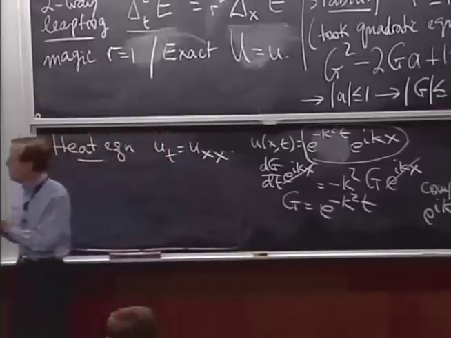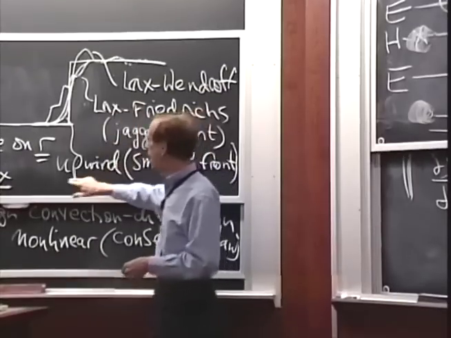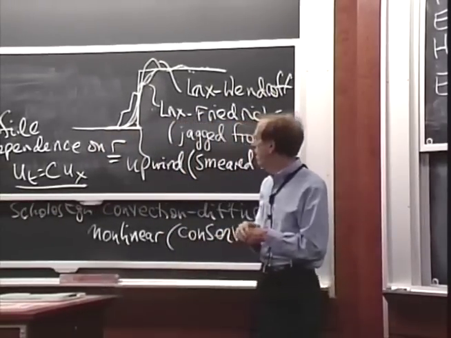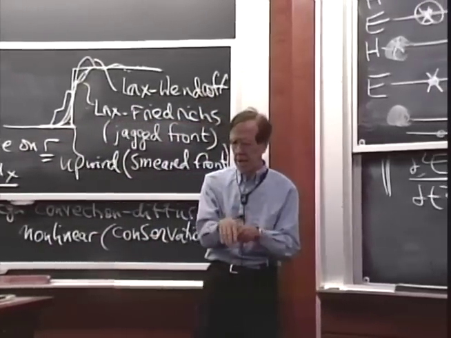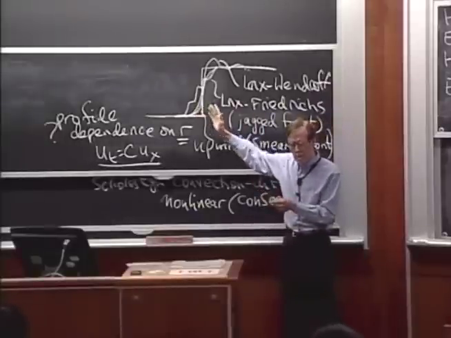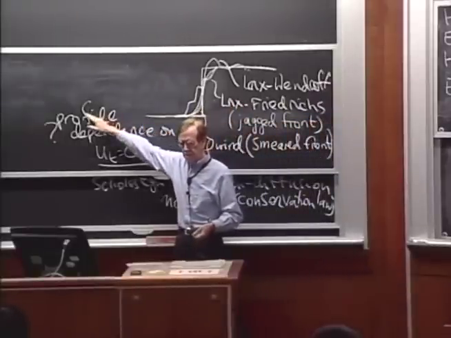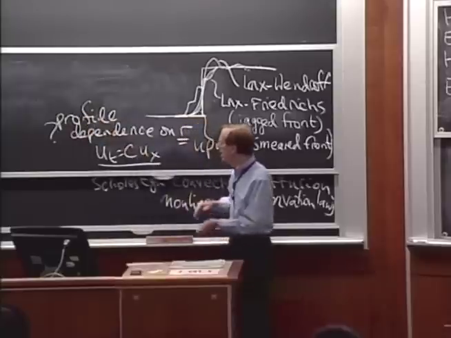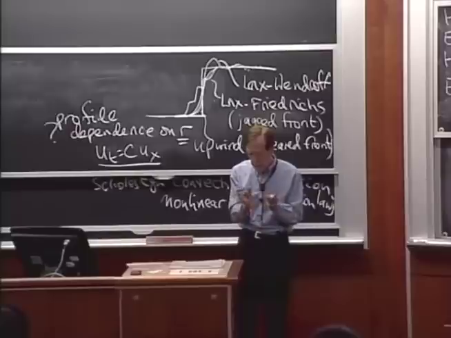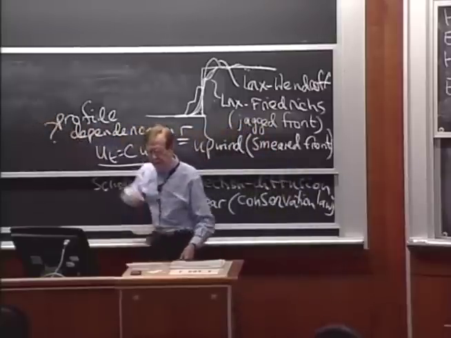Heat travels. If the temperature starts out as 1 on this side and 0 on this side, then in an instant, some heat flows from right to left. In fact, it flows with infinite speed. In a short delta t, there's a little heat all the way out there.